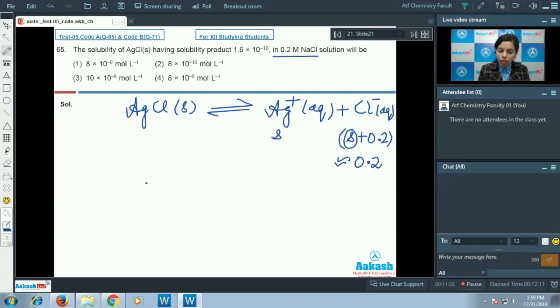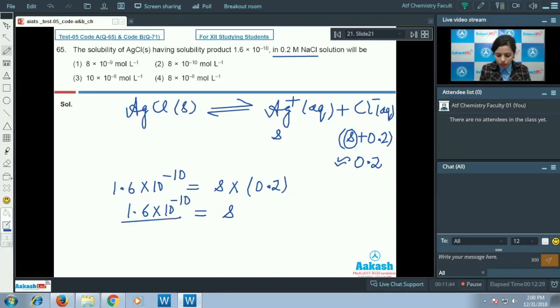Now, we know that solubility product, that Ksp value 1.6 into 10 raised to the power minus 10, that's given in the question, is equal to the solubility of these two ions. So it would be S into 0.2. So the value of S is equal to 1.6 into 10 raised to the power minus 10, divided by 0.2.